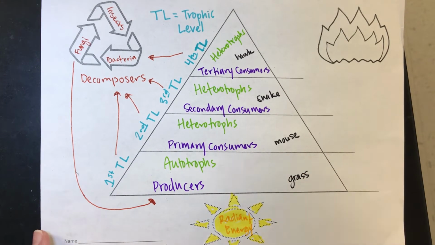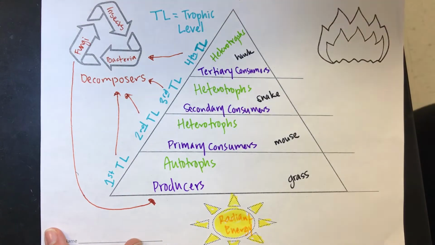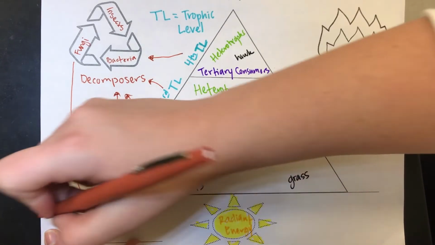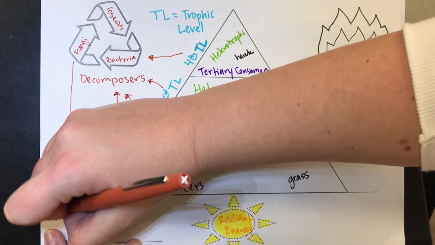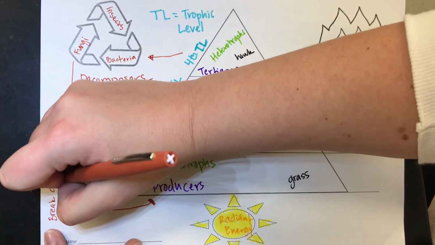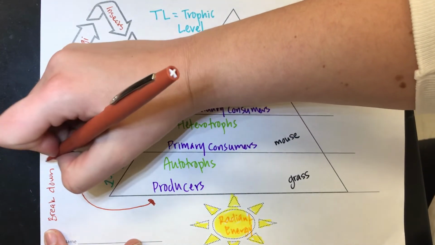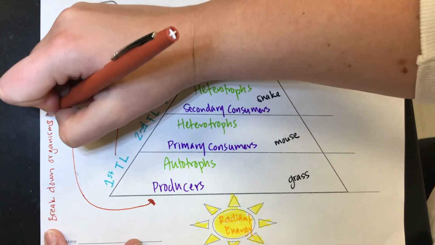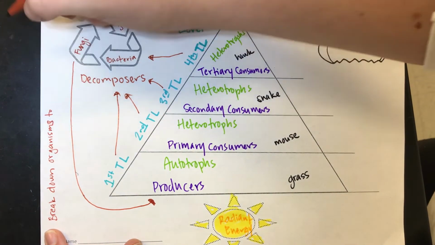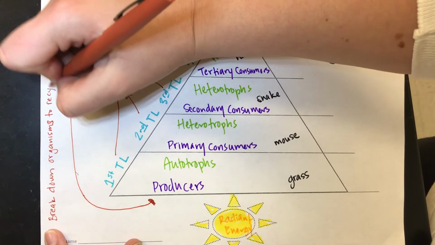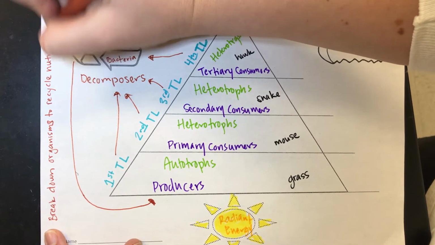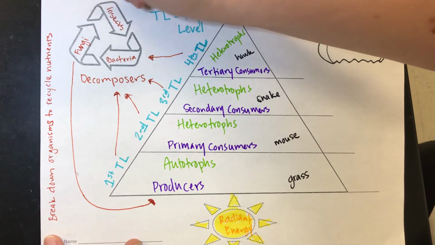Okay. I'm going to do my best here, and you're going to do your best too. We're going to write down the function of these decomposers. And the function is to break down organisms to recycle nutrients back to the soil.